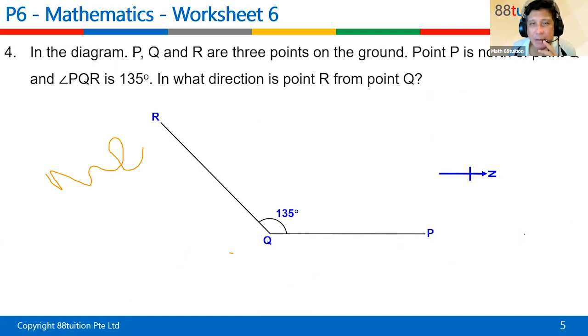The question is asking which direction is point R from point Q. Gautam, you drew the compass, but what's the answer?